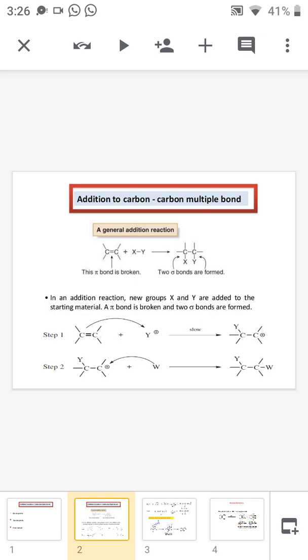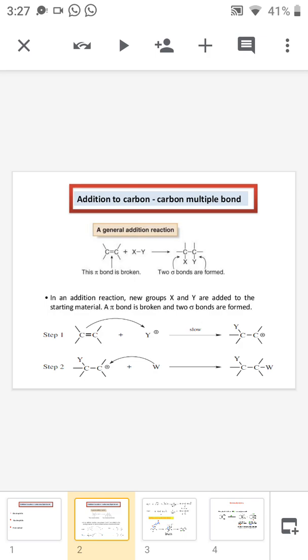So this reaction occurs through two different steps. First step is the addition of an electrophile to an electron rich multiple bonded compound. Here it is a symmetrical alkene, and Y plus is an electrophile.